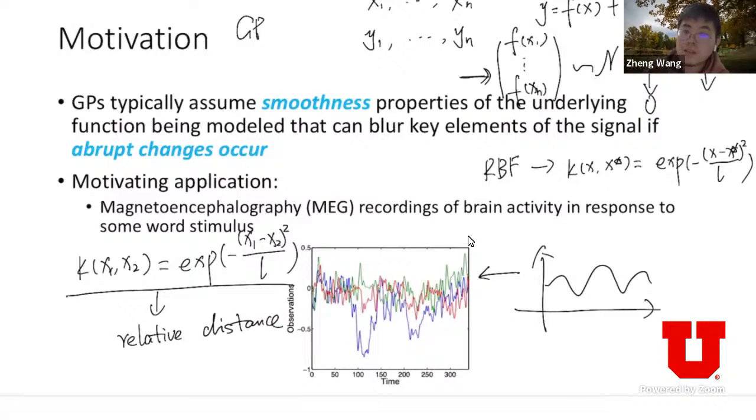So the electricity signal can have abrupt changes in response to the word stimulus. It's reasonable that this kind of abrupt change is not noise. And they use GP to do a prediction or what?